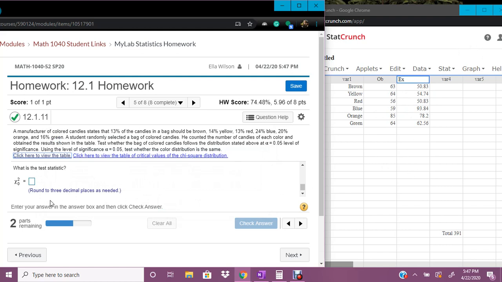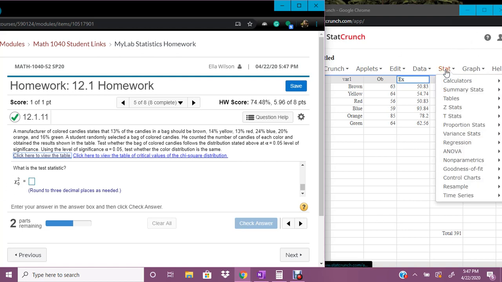To find the test statistic, this is like what we've been doing in the past, but before it was represented as a t sub-zero, and now we're doing an x squared sub-zero. The x squared is the chi-square. If you remember from the 3rd test, when we were dealing with different types of calculators, it was this x squared.